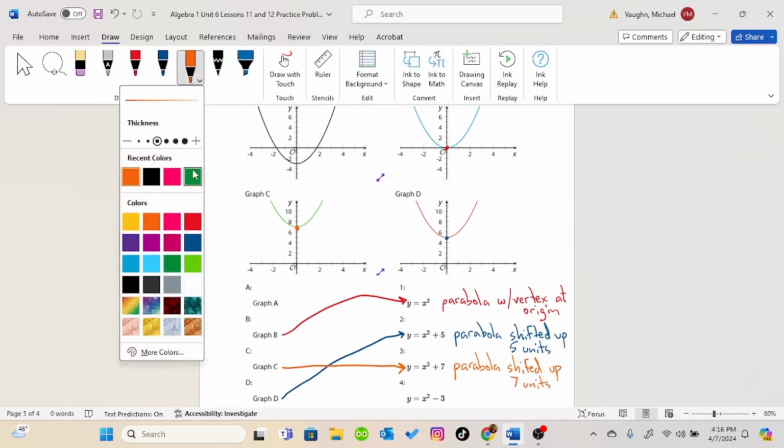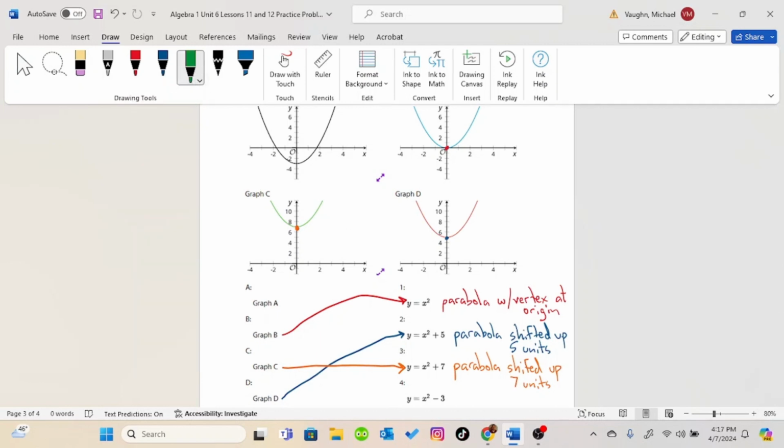And finally, choice 4. This is a parabola shifted down 3 units. And we can see that right here on graph A. So graph A matches equation 4.